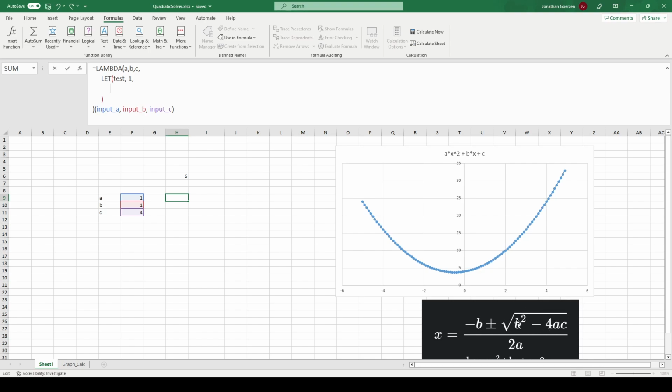If b squared minus 4ac is negative, then the value under the square root is negative, and there's no real square root of a negative number, which means that it returns a complex solution, where we're going to see i, or j, or the root of -1.